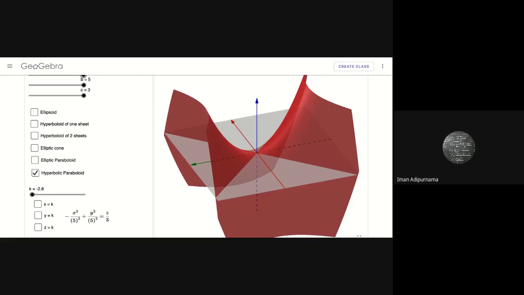I'm not sure whether you can check with this link, but you can try out this. If you cannot use that link, just go to GeoGebra and search by yourself, look for quadratic surfaces, and you can check the graph by yourself.